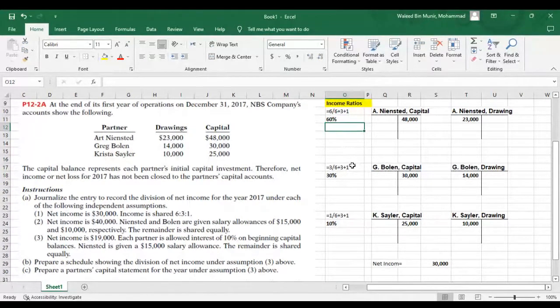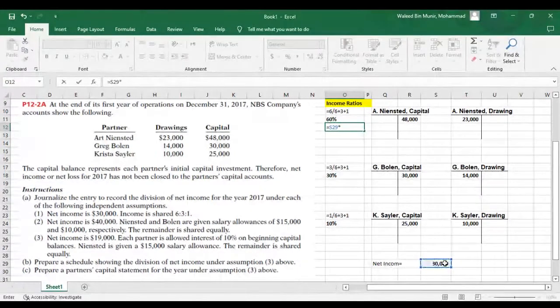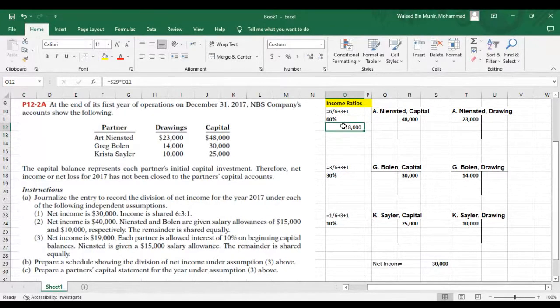What is his income? Will be 40. 28,800. No, 60%. 60%. Yes, of net income. Is it clear? That's clear, doctor.